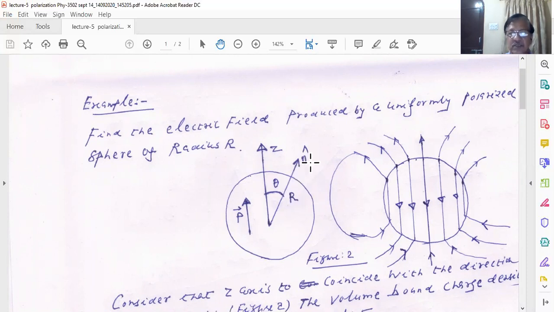Now we are interested in studying the electric field inside the sphere as well as outside the sphere.